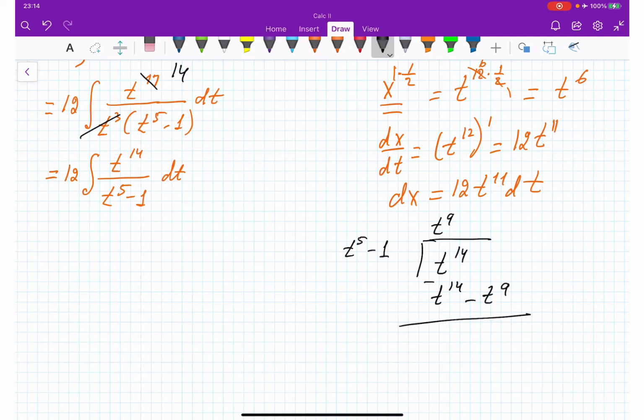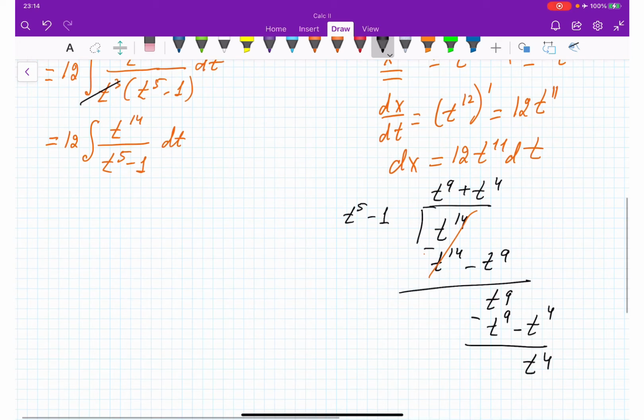Now when I subtract, this is going to be gone, and the minus is going to be positive t to the 9. Okay, t to the 9 divided by t to the 5 is going to be t to the 4. So t to the 4 times t to the 5 is t to the power 9, and minus t to the power 4. With this subtraction, we are getting positive t to the 4.